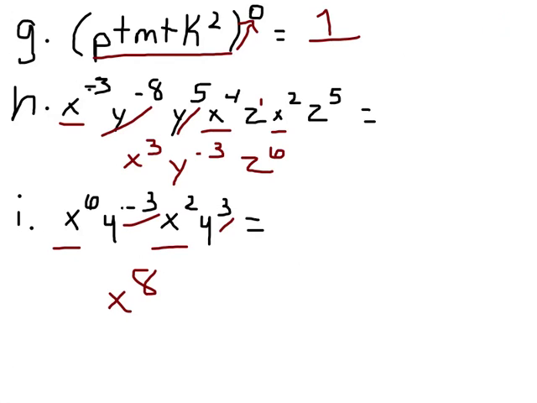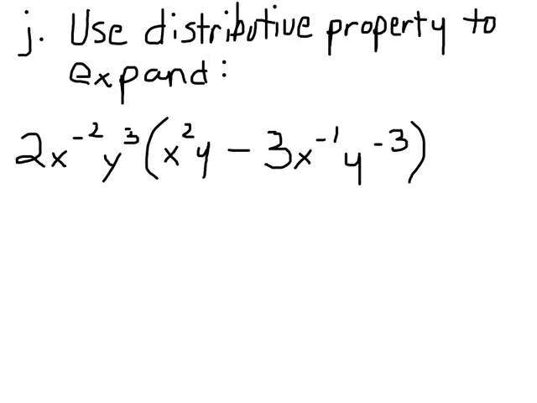Next page. Alright, this says use the distributive property, remember from a few lessons ago, to expand this expression. So we're going to distribute this over this, and then over this, and see what we get. Okay, we're going to have 2. X to the negative second times x to the second cancels each other out.